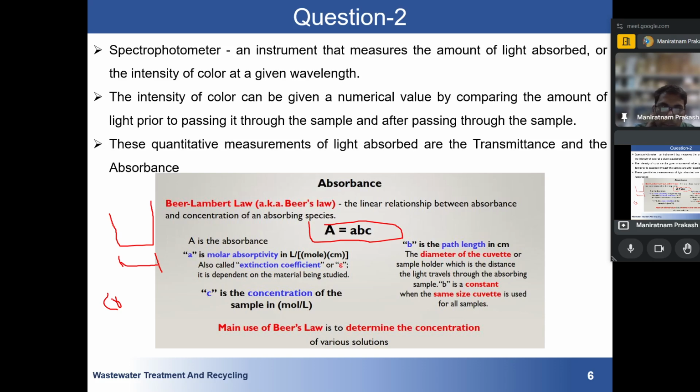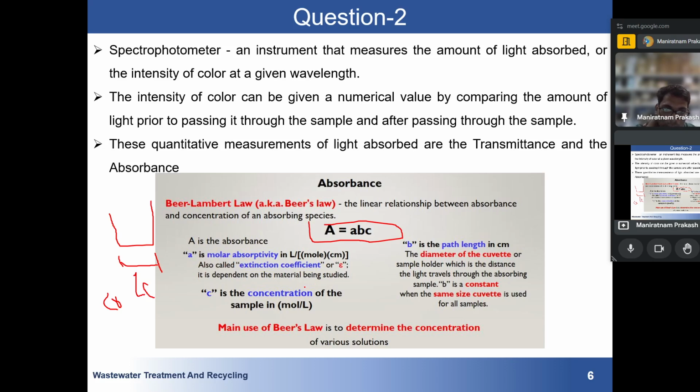I don't remember exactly, but the instrument is set to emit UV rays at a specific wavelength. The path length will be 1 centimeter, and this coefficient we already know for our instrument.